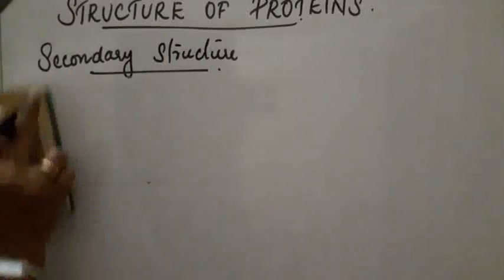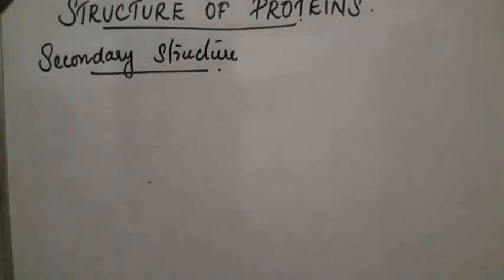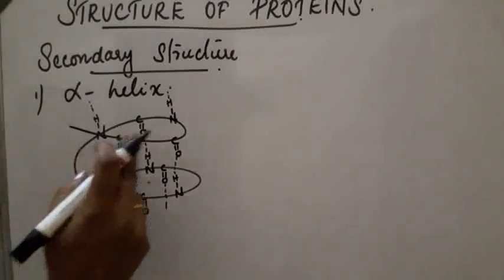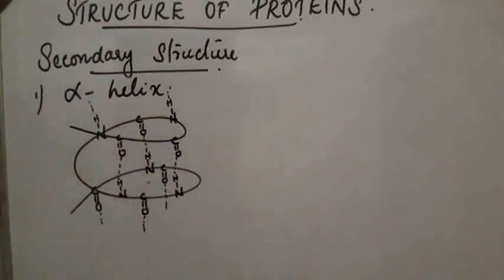First one is alpha helix structure. This is the alpha helix structure, and this is the common way of arrangement. Here, the NH group of one polypeptide chain is bonded to the CO of another, adjacent polypeptide chain and gives rise to a helix structure.